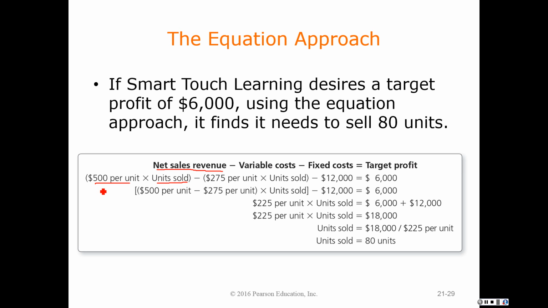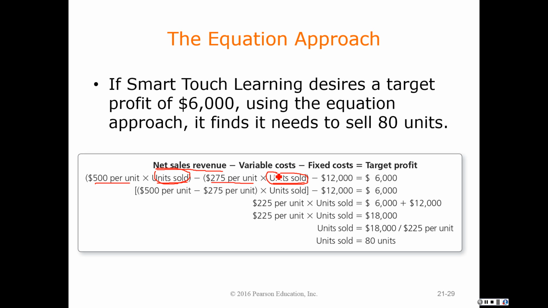The more we produce, the more batteries we need. So variable cost is not just an individual number. Like we determined in the high-low method, we know our variable cost per unit. We multiply the variable cost per unit times the number of units sold. Obviously, this number should be the same. We're trying to figure out how many units, so units sold is our unknown. This is what I'm trying to solve for if I'm trying to determine a target profit.